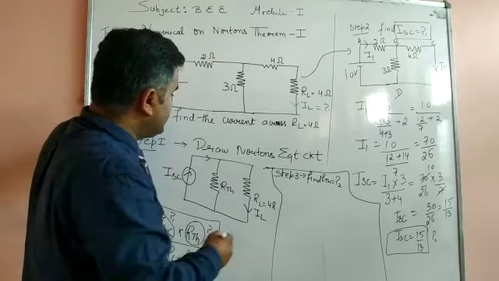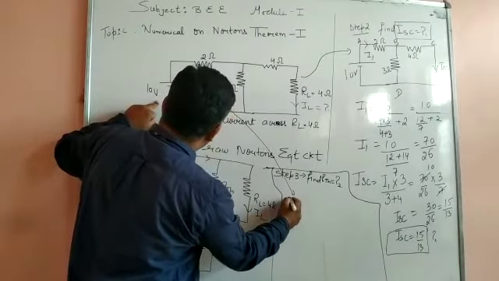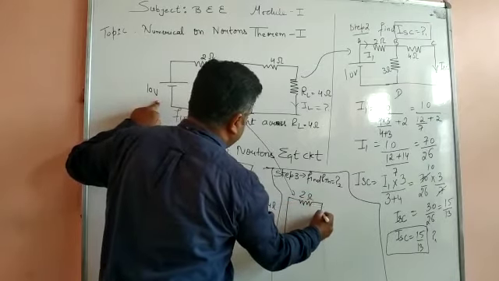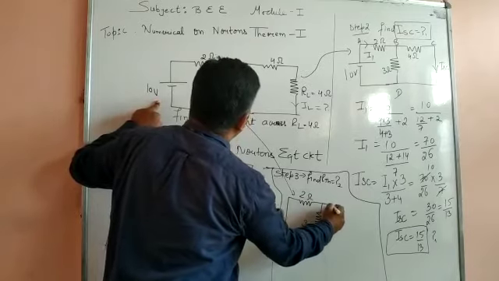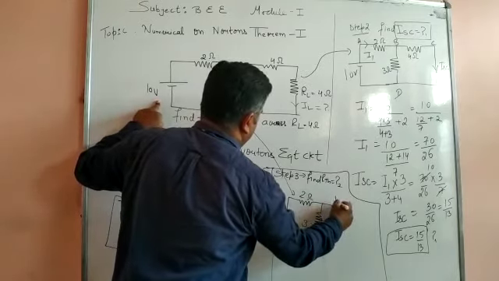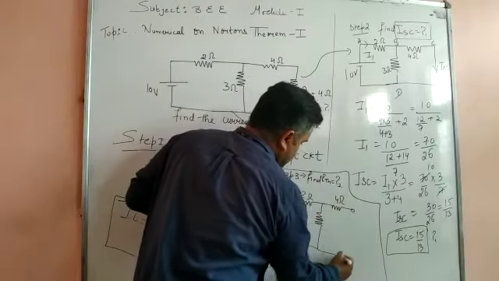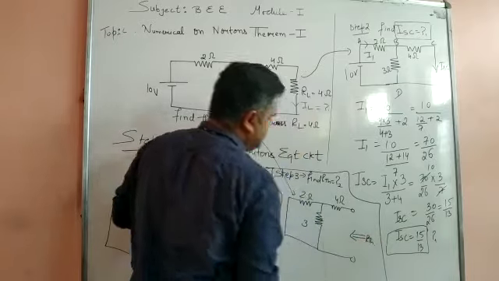Now there is only a voltage source, you will just short it. 2 ohm, 3 ohm, 4 ohm, and this is RTH. You will find out.